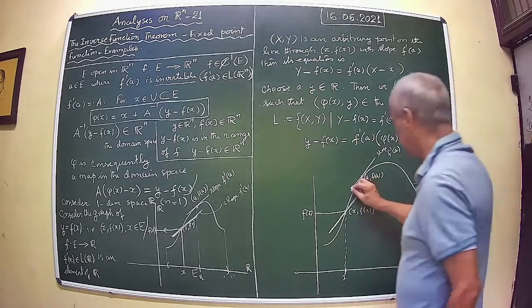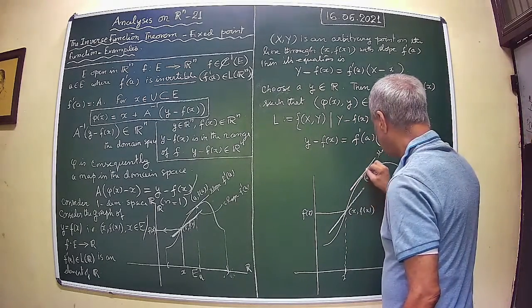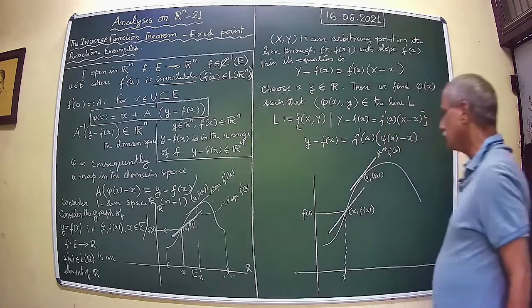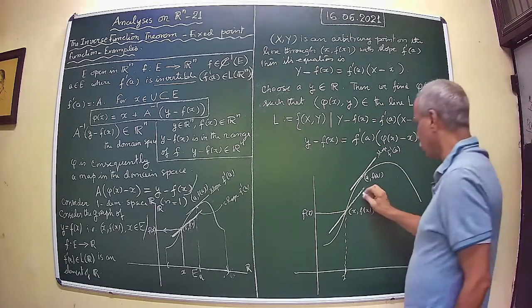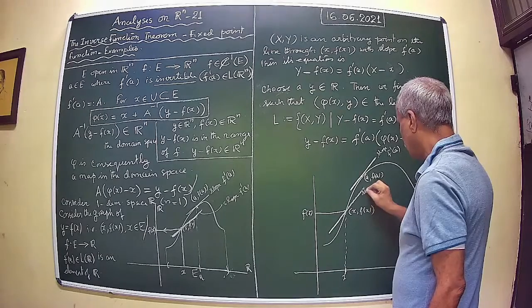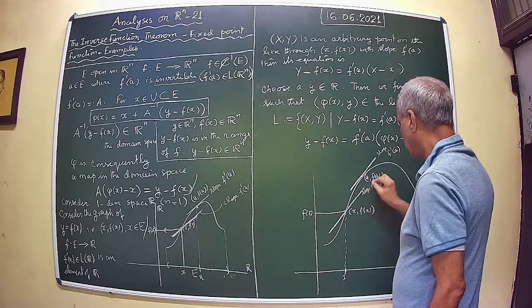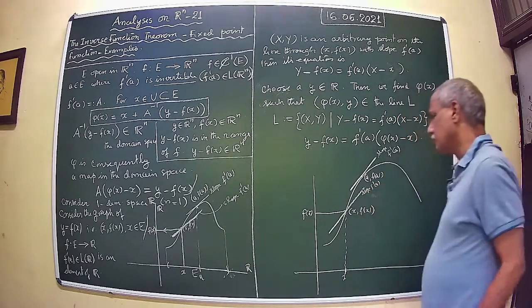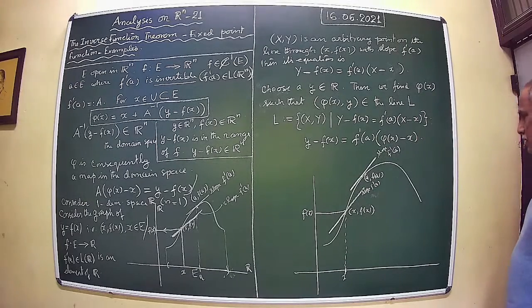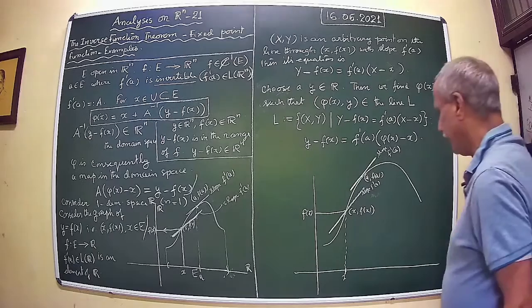This is parallel to this. These two lines are with a slope A. Now we want to find out phi x.